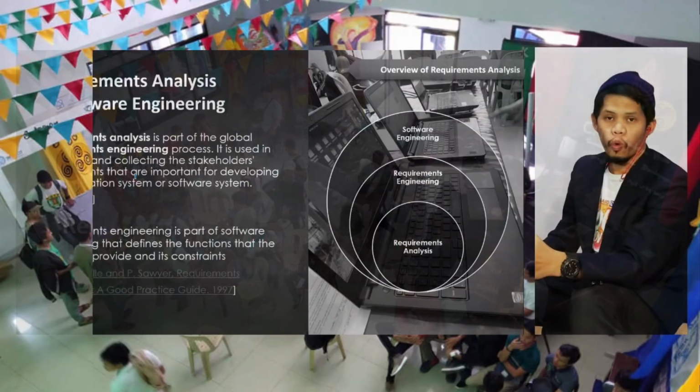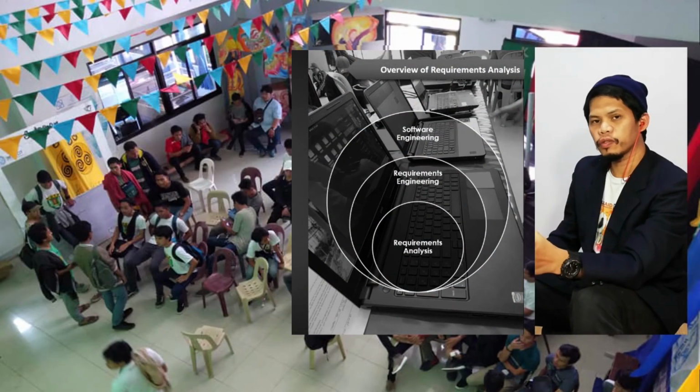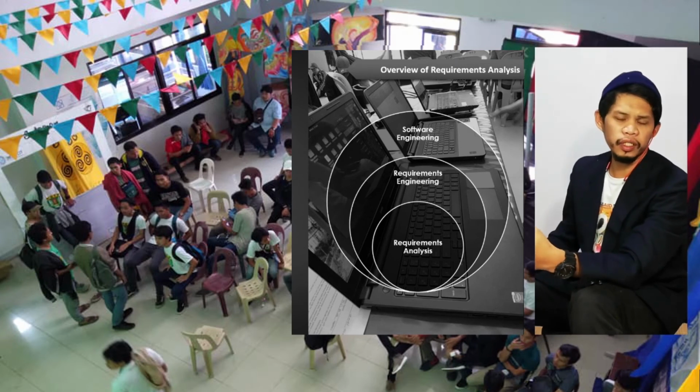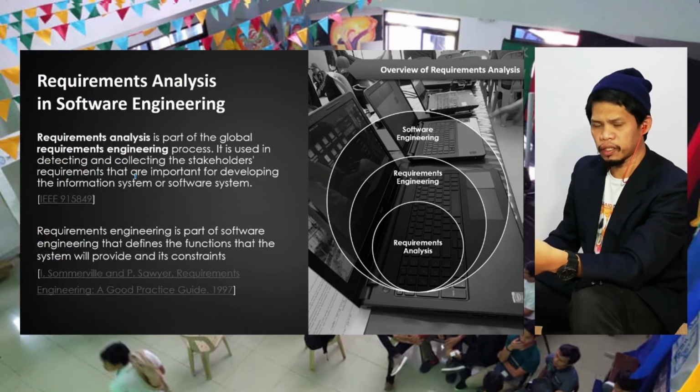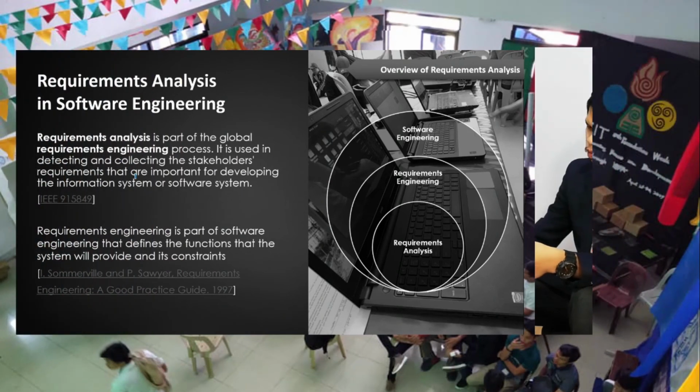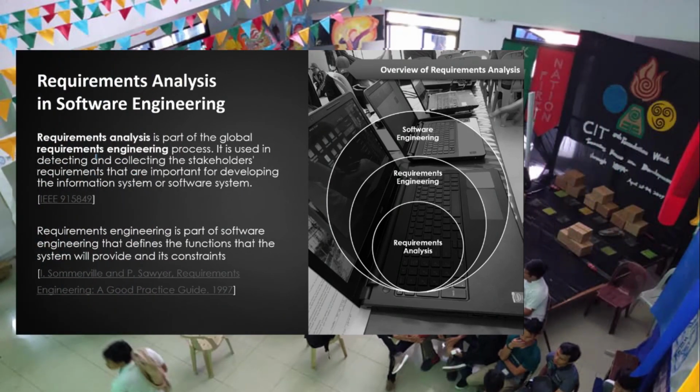One of the ambiguous issues of requirements analysis is its role in software engineering, especially with requirements engineering. Let us define the role of requirements analysis in software engineering. Requirements analysis is part of the global requirements engineering process.